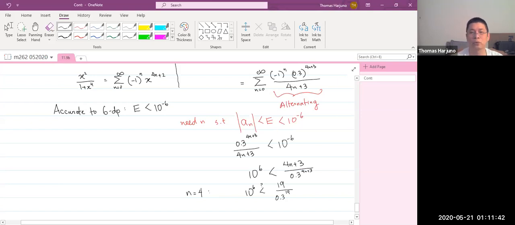Okay. So maybe I would say this is actually the same as (4n+3) times 0.3 to the negative 4n minus 3. Negative exponent. Well, anyway, I use my calculator.